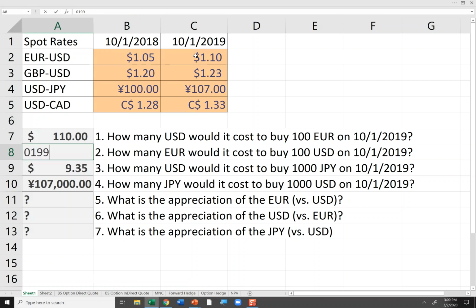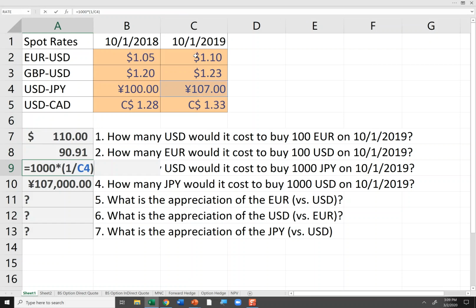Well, $100 times, now this is dollars, so I need a euro over dollar exchange rate. I actually have to flip this, because this is a dollar over euro exchange rate, or dollar price of a euro. So how much would it cost to buy 100 euros? $110. How many euros would it cost to buy $100? 90 euros. And then this problem's already done for you.